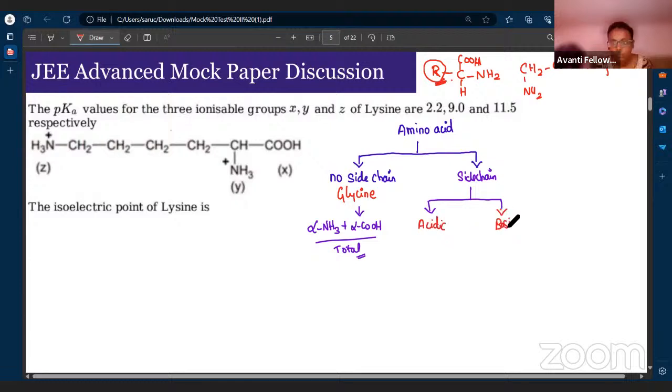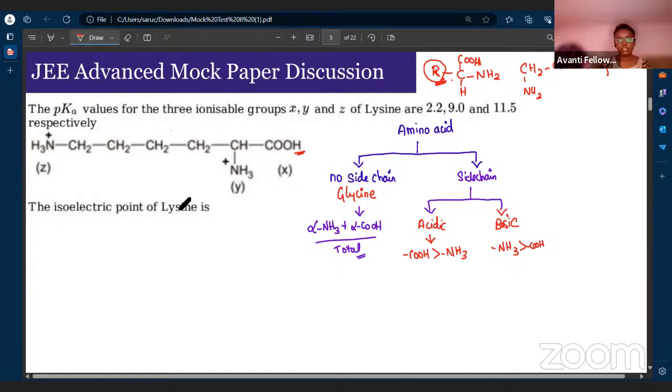It depends on the number of COOH and NH3 groups you have. If the number of COOH is greater than the number of NH3, then the amino acid is acidic, and the reverse is applicable for a base.